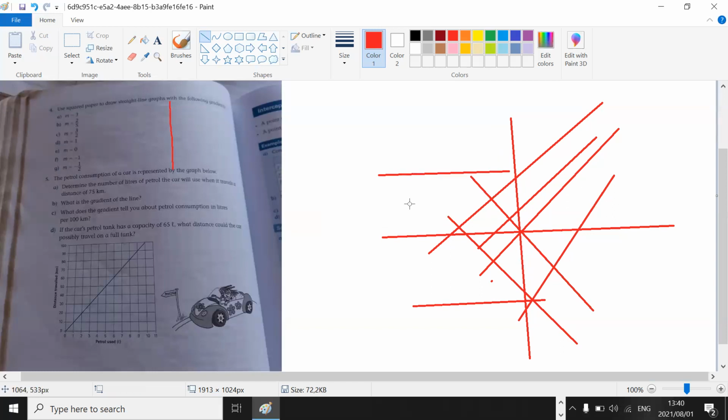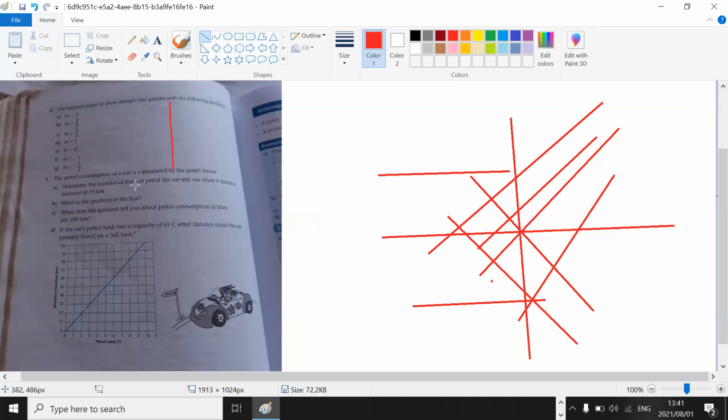But now it's below 1, therefore you must draw it down there. Are these 6 questions clear to you? Yes. All right, wonderful.